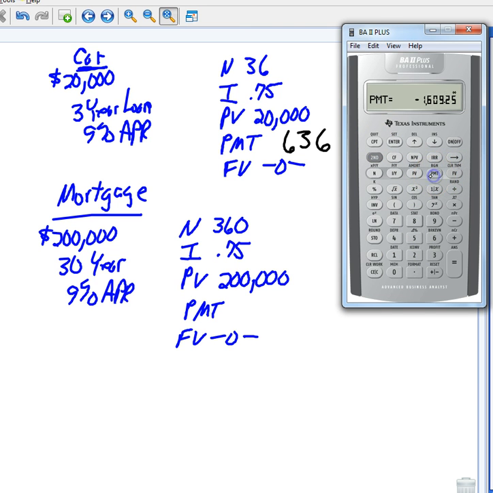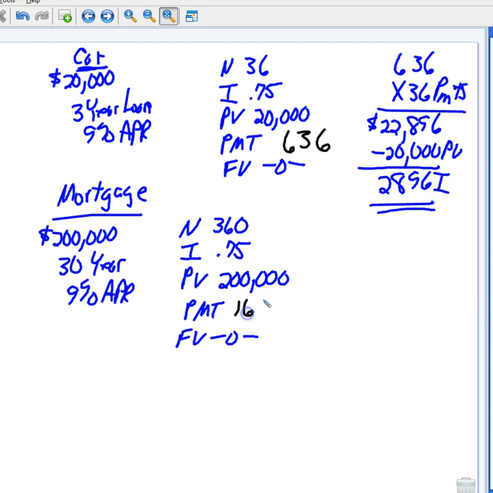Compute payment: 1609. And by the way, that's not your whole house payment because this is just principal and interest. You still probably have to set aside taxes and insurance. Usually the mortgage company requires that.